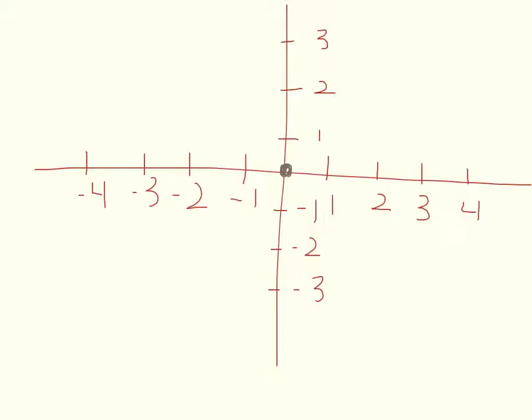So if we were to plug in a random point, say 1, into y equals x cubed, we would get y equals 1, which means that there's a point 1, 1. And since we know that we have symmetry with respect to the origin, if there's a 1, 1, there must be a negative 1, negative 1.